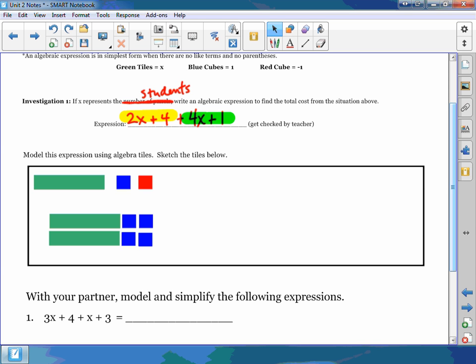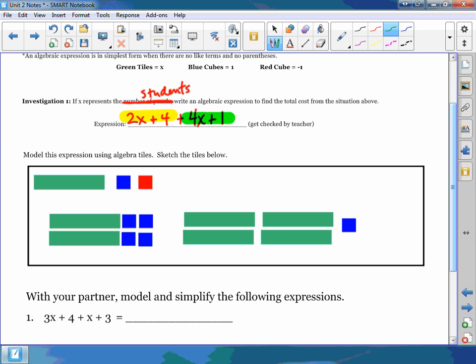And 4x plus 1 means I'm going to be gathering 4 more x's here and a single blue chip for the shipping. Okay, so we have our 2 x's and our 4 singles. We have our 4 x's and our 1 single. We want to simplify this expression. Underneath there's a space for you to simplify.